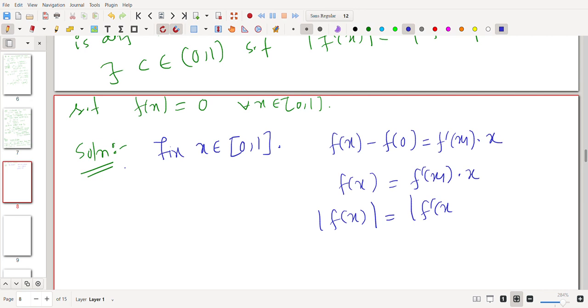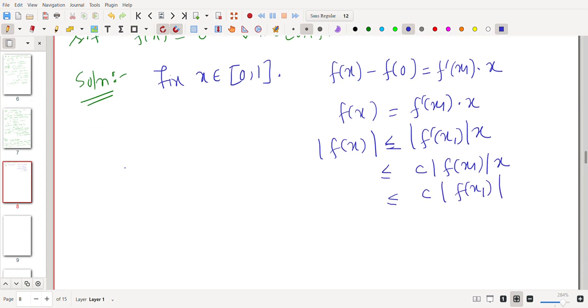That means |f(x)| equals |f'(x1)| times x, which is same as c into |f(x1)| times x. Now x is itself less than or equal to 1, right? So it is basically c times |f(x1)|. This is 1.